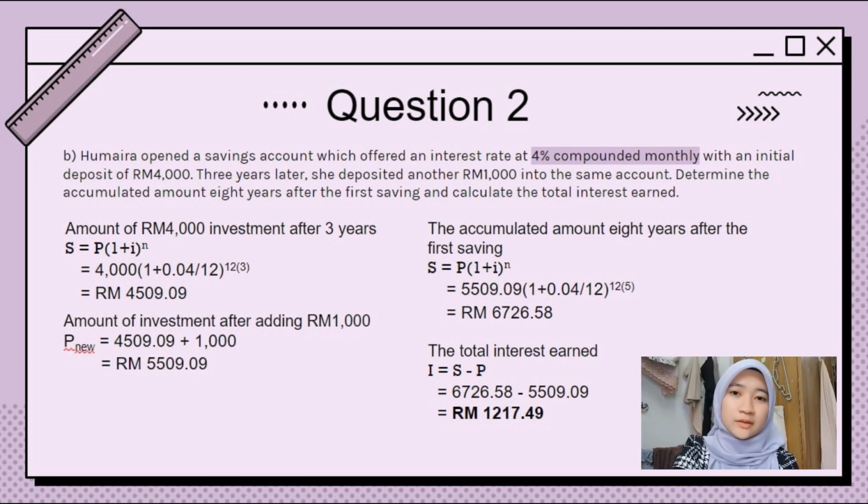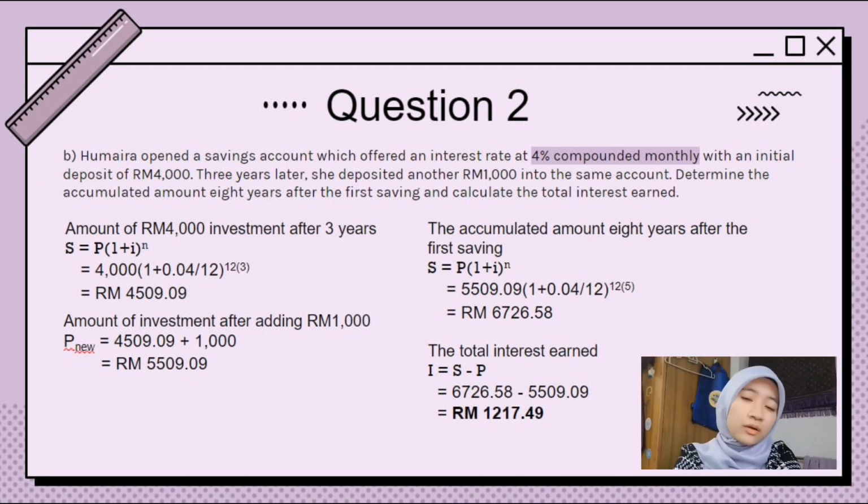For this question, we need to find the amount of the 4,000 investment after 3 years. So, we use the formula just like before, which is S equals P (1 + i)^n. After inserting all the numbers in the formula, we finally obtain RM 4,5 99 cents, which is the future value S.